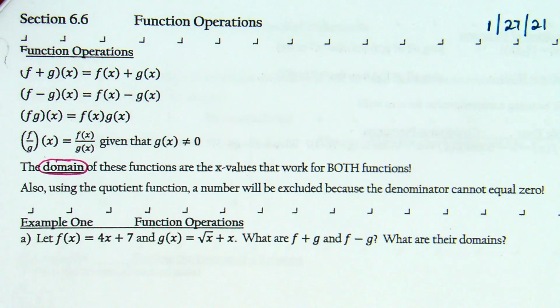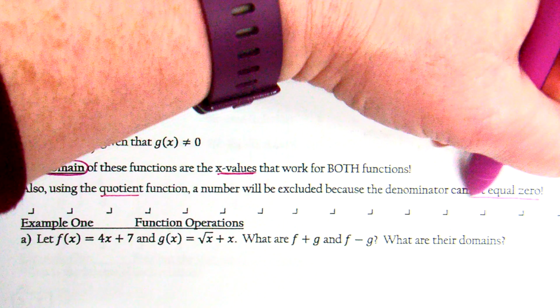And then when we divide, when we use the quotient function, keep in mind we will need to consider the denominator and any excluded values. Again, because the denominator cannot equal 0. So, domain is x values, and then when we're dividing, don't forget the denominator cannot equal 0.